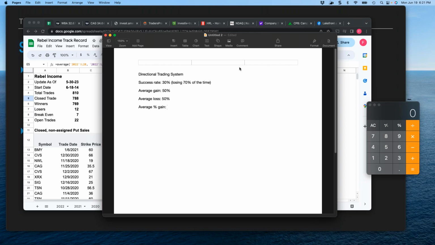So the average percentage gain on winning trades is we're going to go 0.3 times 50.